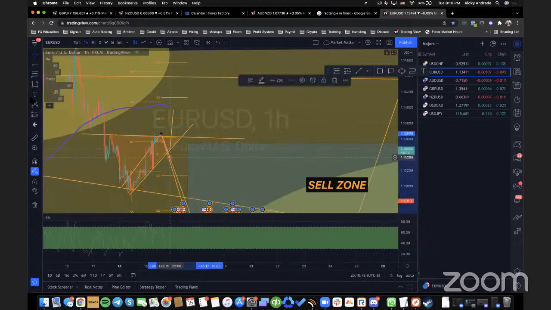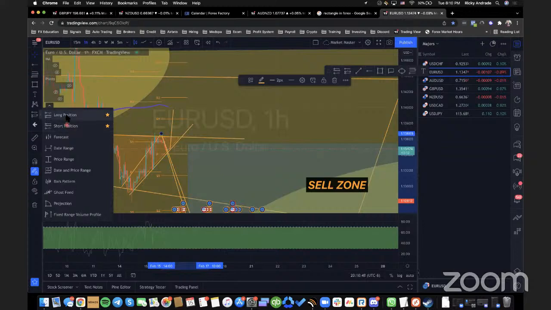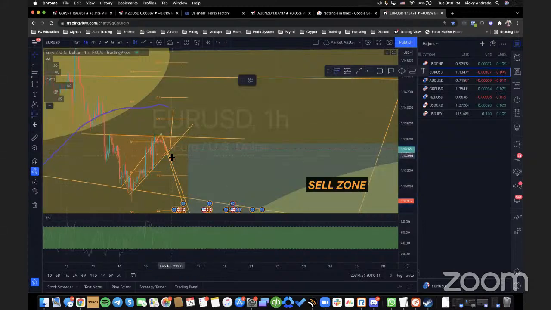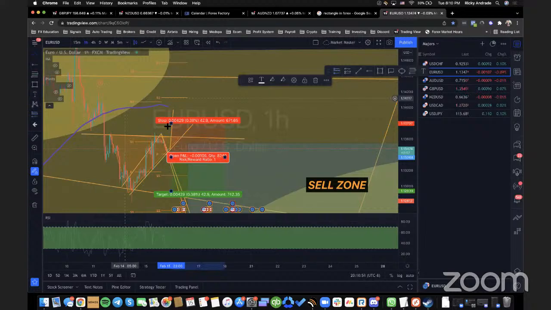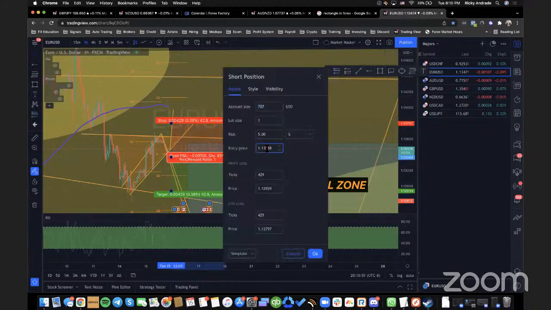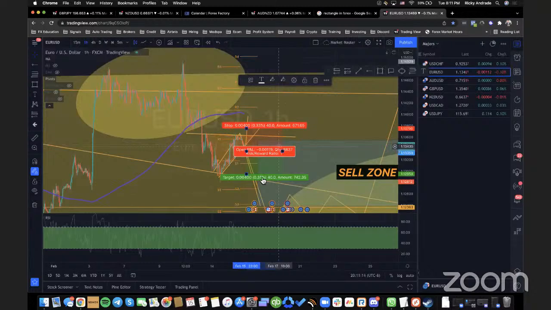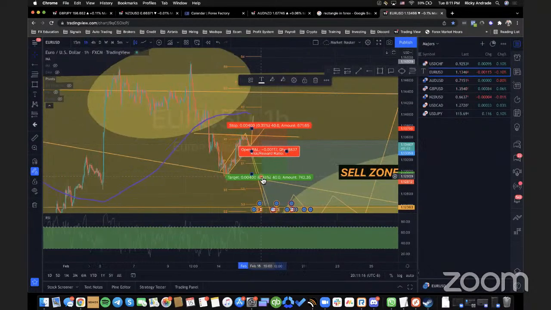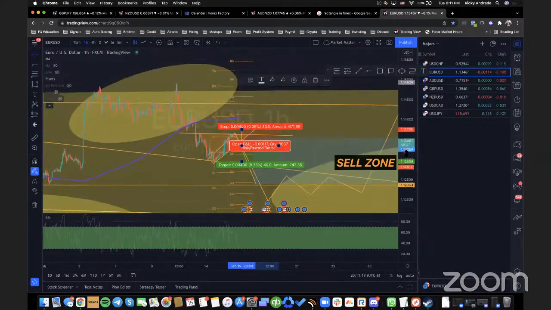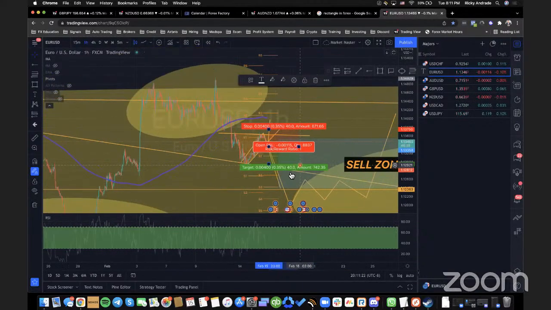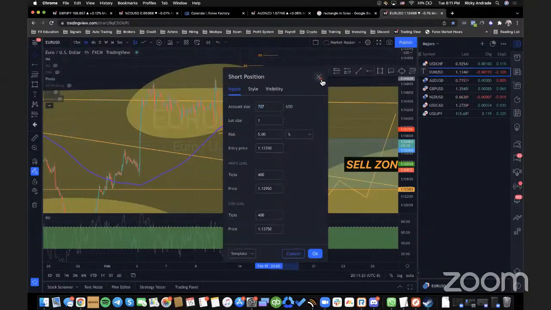Short position. Let's see. Okay. So I'm gonna be looking to sell. Double trade here.